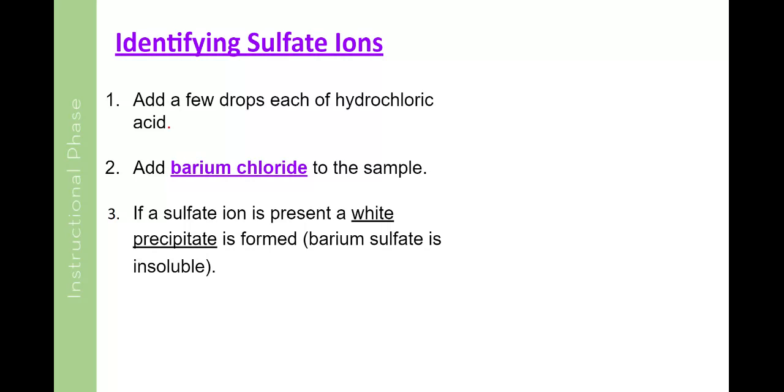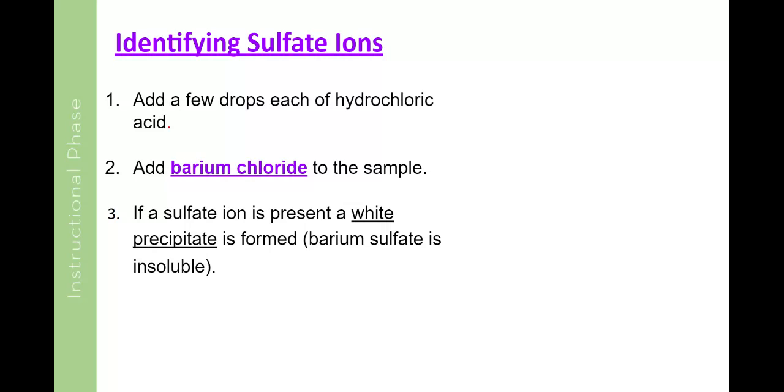Once we've done that step, we can then add the important solution of barium chloride. Barium chloride is the substance used to test for sulfate ions. If sulfate ions are present in the solution, you will see a white precipitate formed.